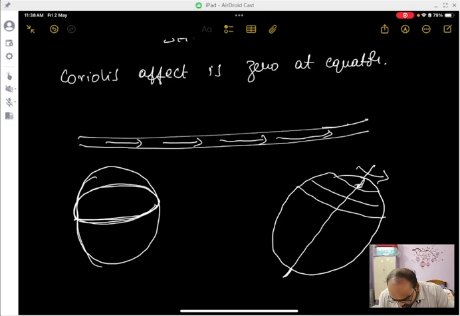And what happens at equator? The angle made with the tilt is zero at the equator. With the axis, the more tilted you are, that is at polar, there is more tilt.